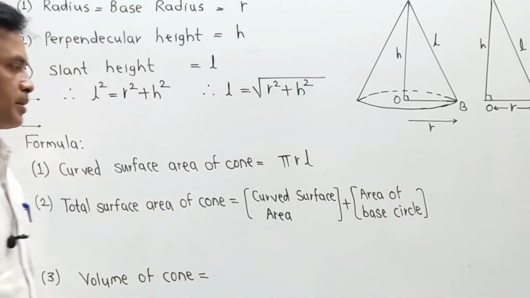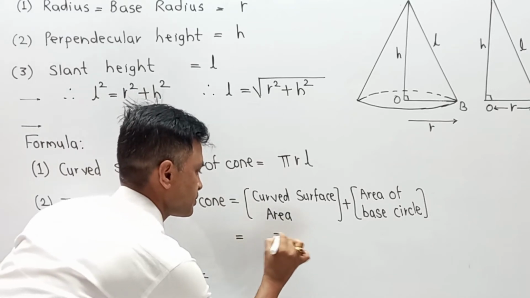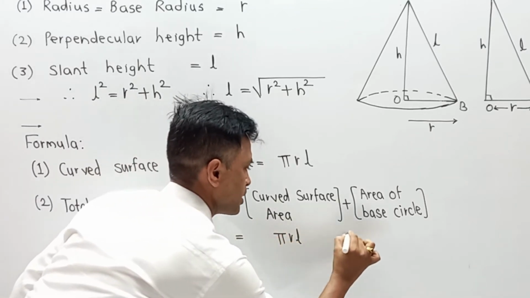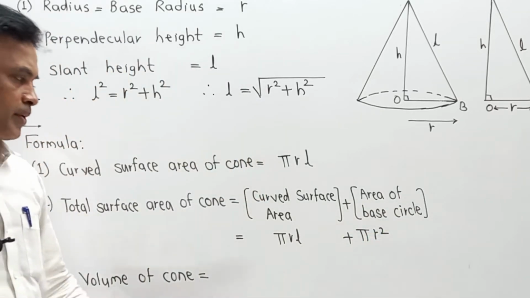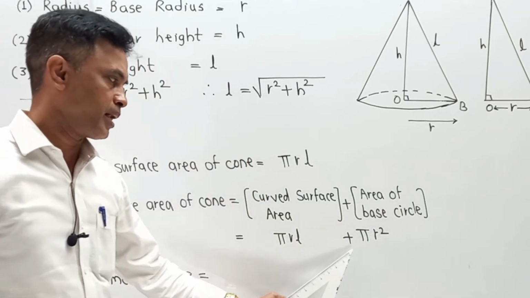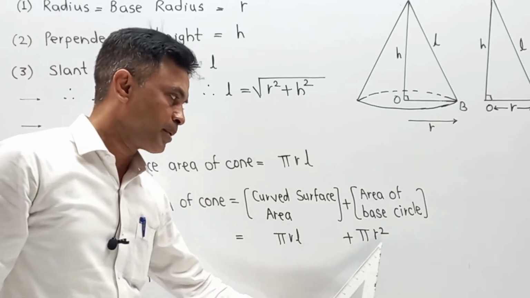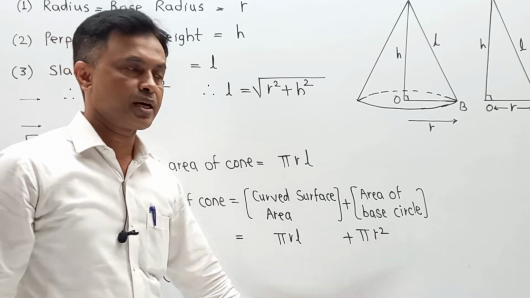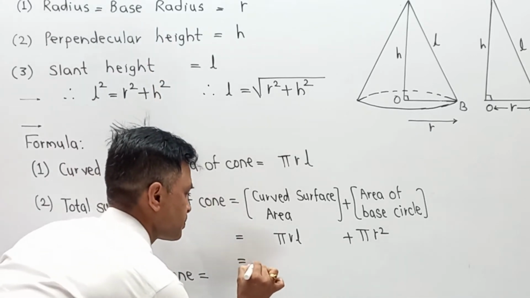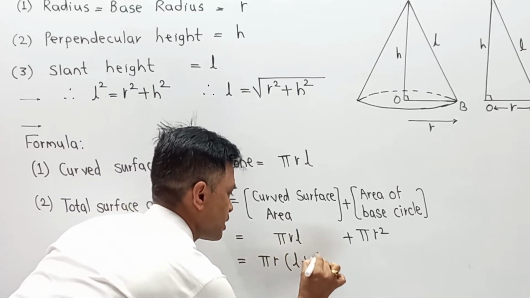And that is nothing but pi RL plus pi r square. If you simplify this, that is pi RL plus pi r square, here you can simply say pi r, and from pi r square one r becomes common and it remains L plus r. So it is written as pi r into bracket L plus r.